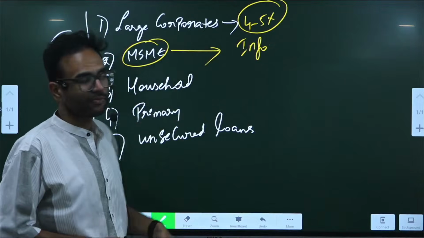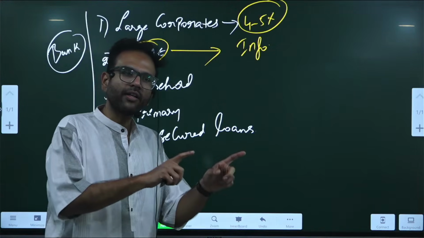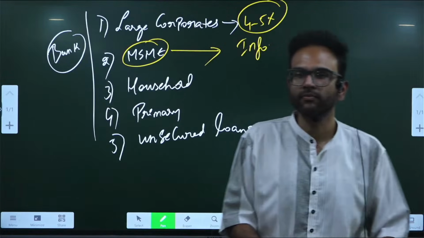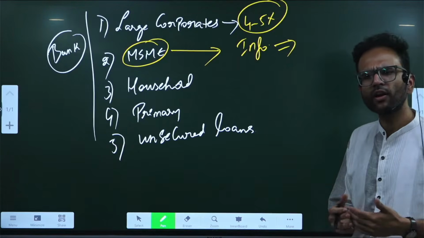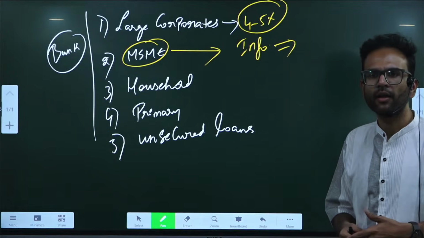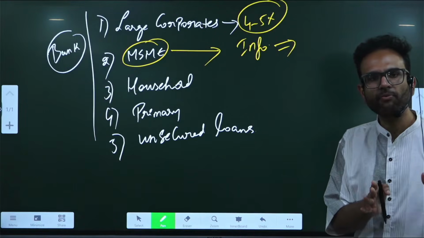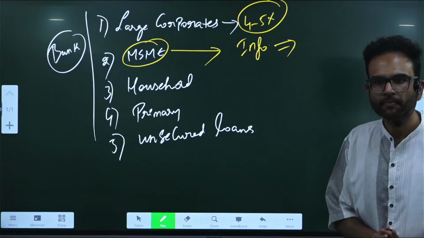What about these MSMEs? We don't have that data. So, in the context of digital lending, today we have a better possibility. You are not filing GST? Fine. We have alternative methods to assess if this person is worthy of credit or not.